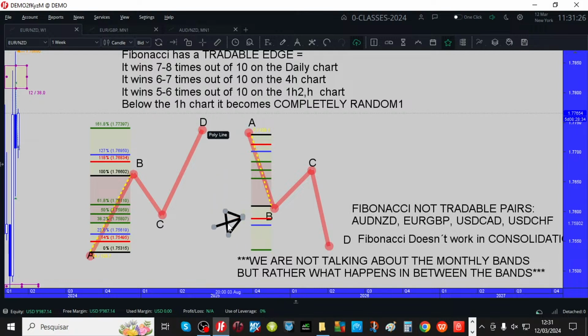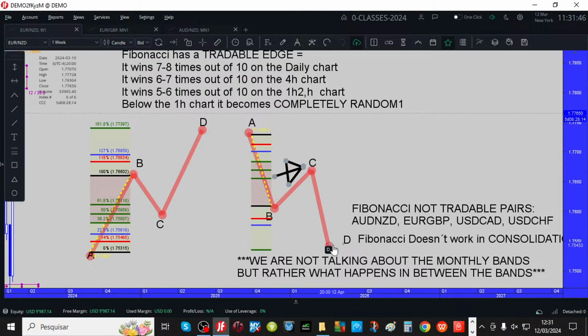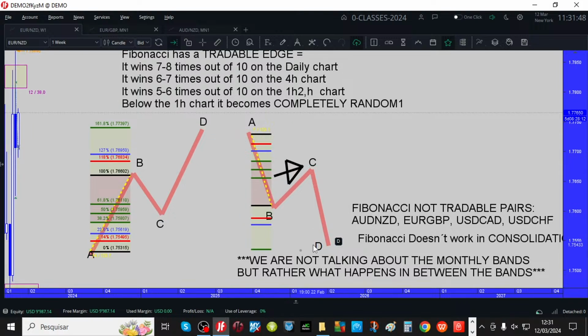The B is the first low as soon as possible after the A. The C is the highest point, not necessarily a high, it's the highest point inside the AB boundary after the B before the market hits the appropriate D extension.